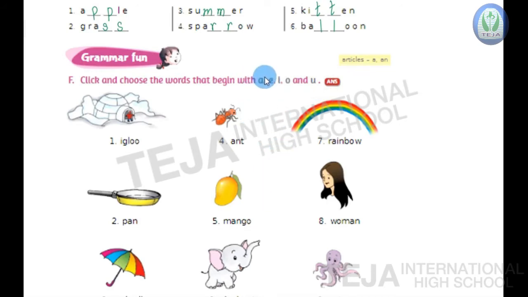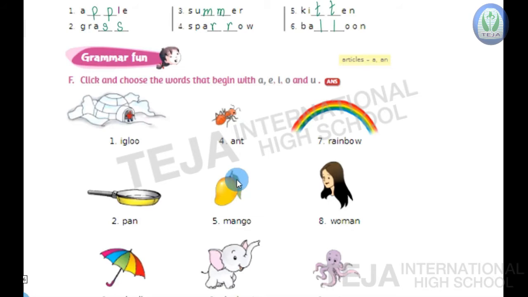In English, there are a total of 26 alphabets. Out of 26, A, E, I, O, U, 5 alphabets are vowels and the remaining are consonants. So here, choose the words that begin with A, E, I, O, U.